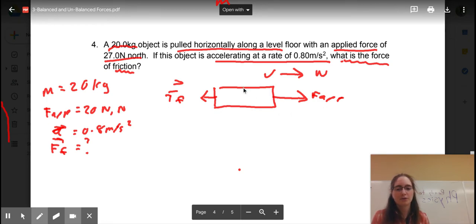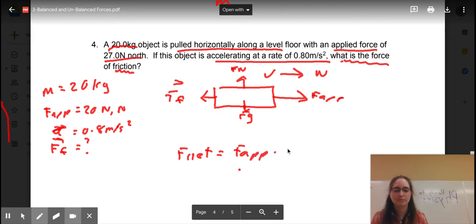I'm going to draw my y forces because I can. They're going to be equal in size. I now need to build my Fnet equation.